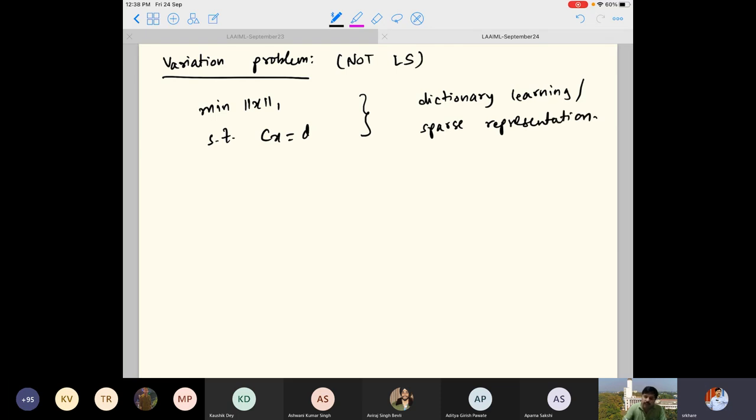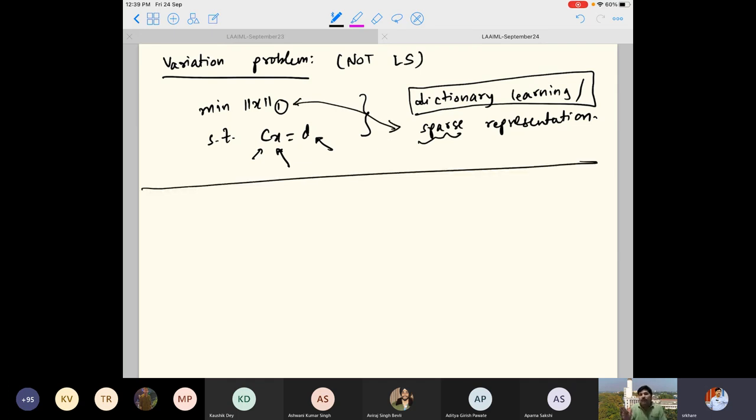When you are seeking the least norm solution x one, this C that you see here is like a dictionary. The dictionary is given to you, and with respect to the dictionary, can you find the sparse representation of this given data point D? That's the question you are asking. In that terminology this problem comes, but with the one norm. Sparseness is related with this one norm. That is what they do.